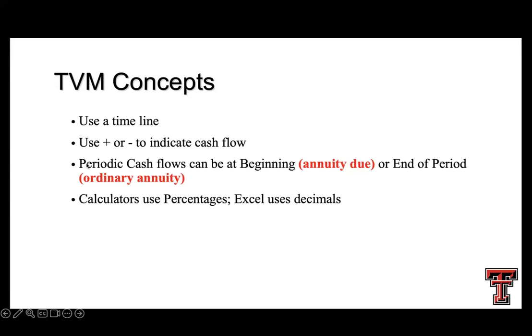The other thing that's going to be really important is properly assigning inflows and outflows. So oftentimes when we're looking at time value of money, the calculator is going to make assumptions about the inputs that are inflows and the inputs that are outflows. If we're thinking about this from a client perspective, let's just say that a client wants to know how much they need to save every month to reach their retirement goals.